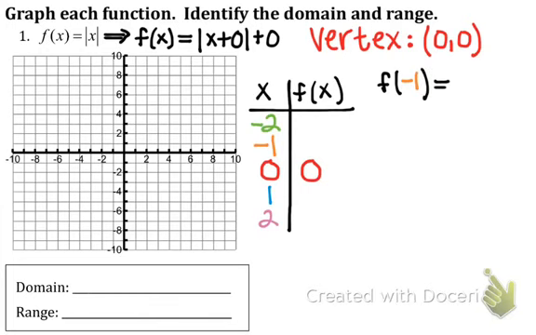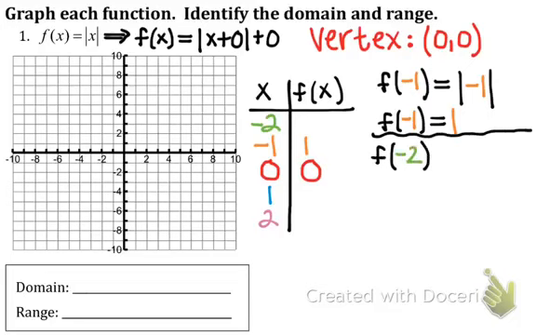So f of -1 is equal to the absolute value of -1. Now we evaluate the absolute value of -1, which is +1. So that means that for f of -1, my value that goes in for f of x is +1. Now let's evaluate f of -2.